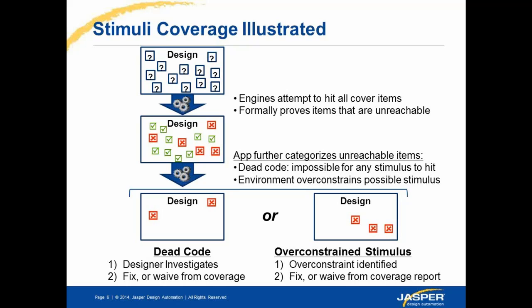If the unreachables in your second run are intended, are expected because of the constraints or any other design artifact, then your designer can just waive them. But if they are contributing to an over-constraining scenario, then the designer or the verification engineer can fix your constraint environment, the formal test bench. And this is the basis or concept of stimuli coverage.